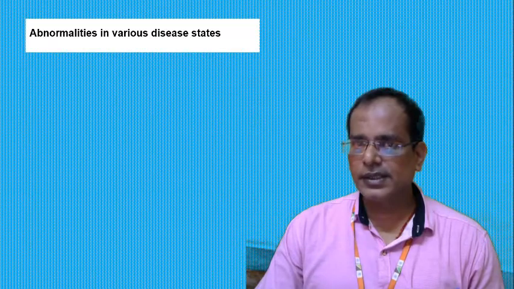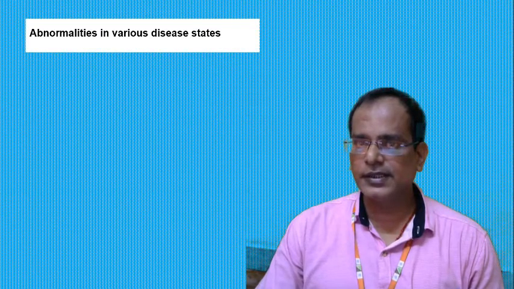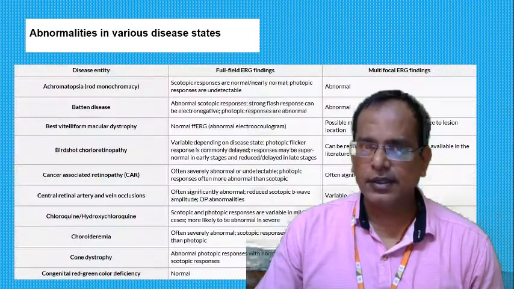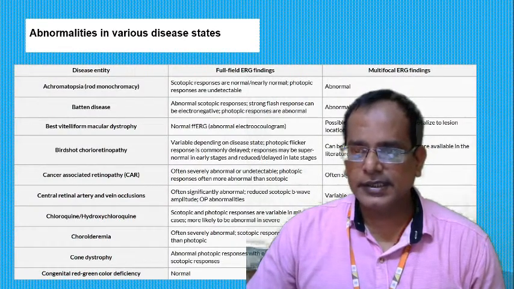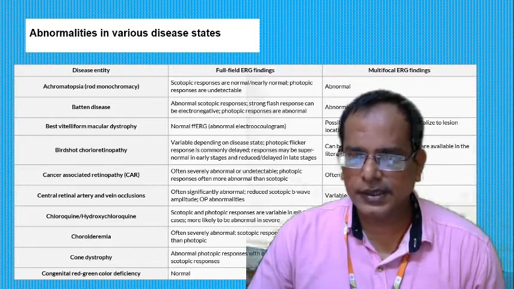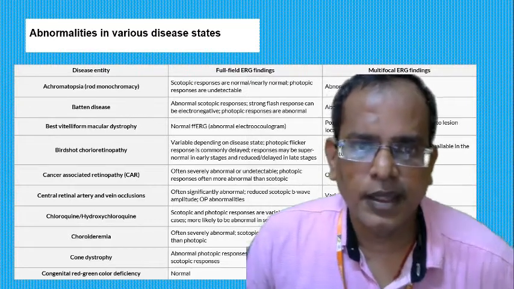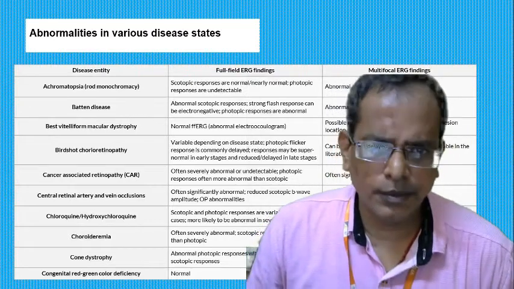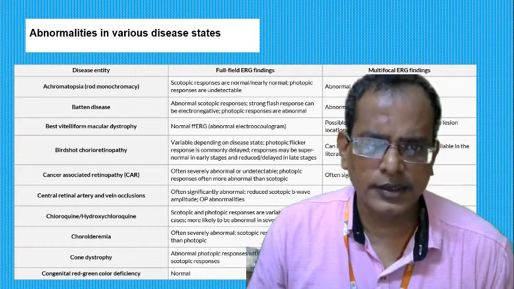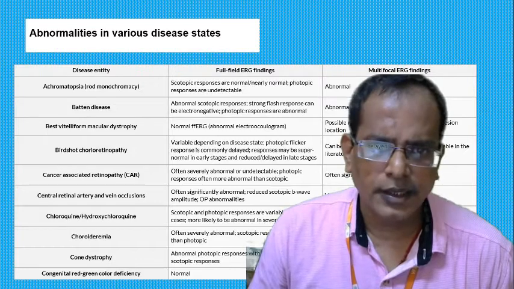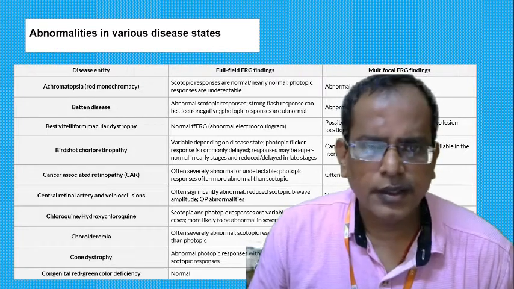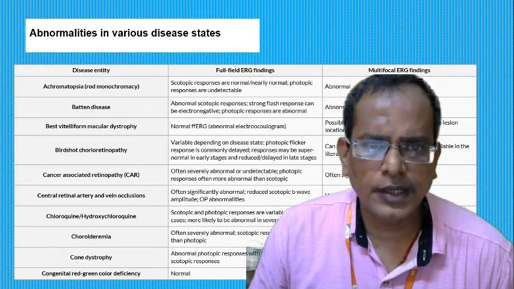Now we are going to see the abnormalities in various diseases and states. So here there are various diseases and states with abnormalities. One is achromatopsia, the second one is Best disease, and the third is vitelliform macular dystrophy.